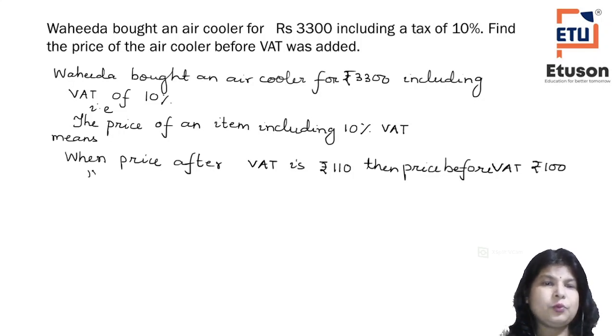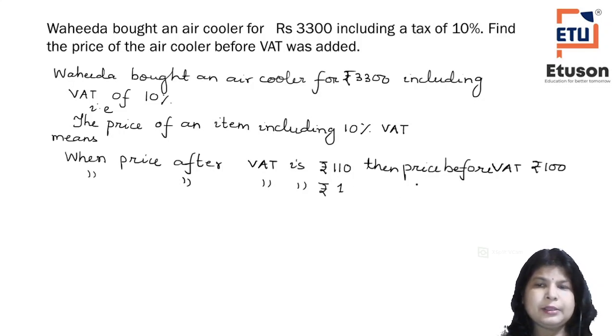Similarly, when the price after VAT is rupees 1, then the price before VAT or the original price would have been 100 divided by 110.